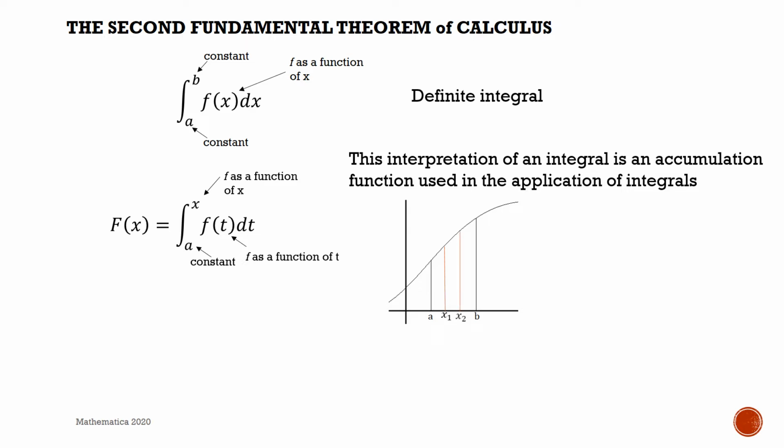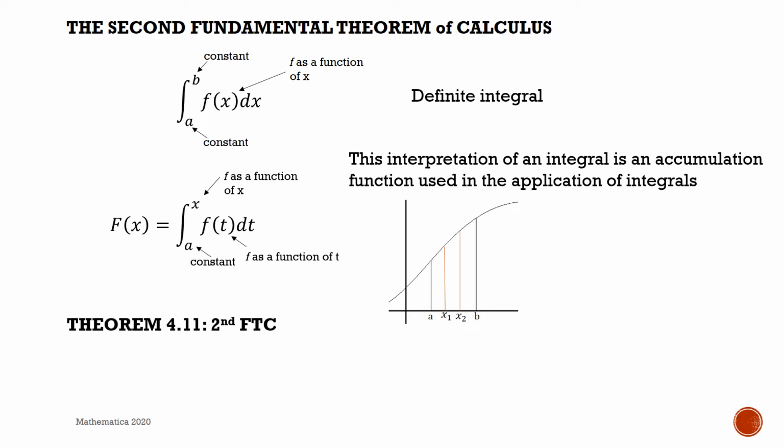Or I can choose another value, in this case x2, and I would find the area underneath the curve between a and x2. So what this does is allow me to accumulate the areas underneath the curve, depending on which arbitrary x values I choose between a and b. But in the end, it allows me to find a function. And what do I do with this function? I can replace values of x and find the area underneath the curve.